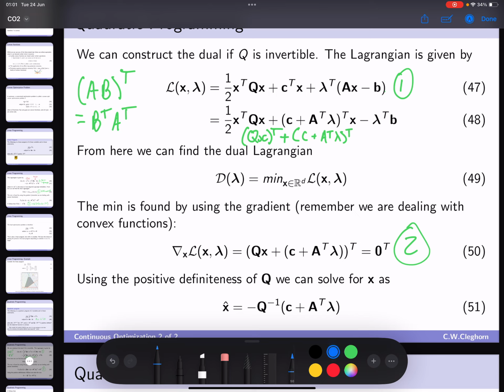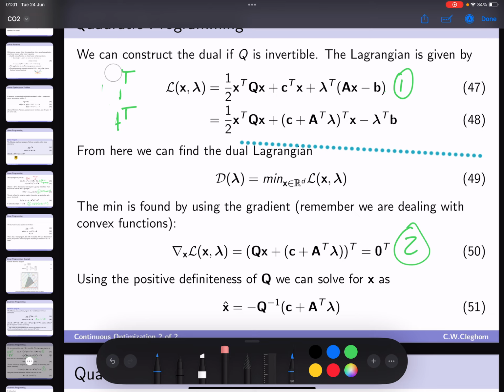And now we have these 2 transposes out here at the top, and so we're just going to group these terms to be equal to (Qx plus c plus A transposed lambda), and then we put the big transpose around all of them. And that's how we end up with this term over there. All right, so a little bit of manipulation. You don't have to go too into detail with it. If you just jump to equation 50 when you write this out, that'll also be fine in a test, for example, if it came up.